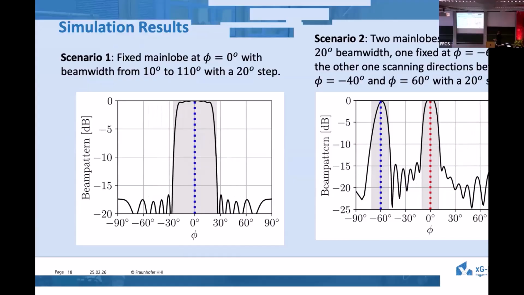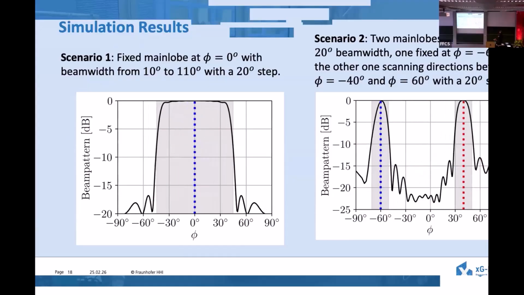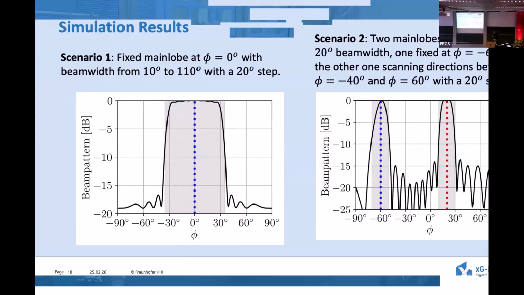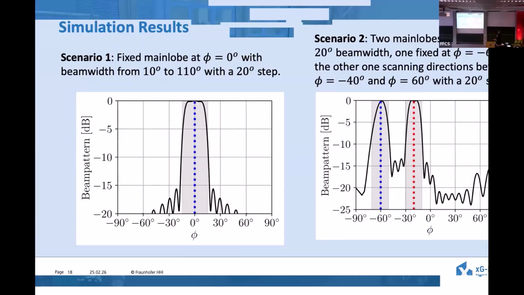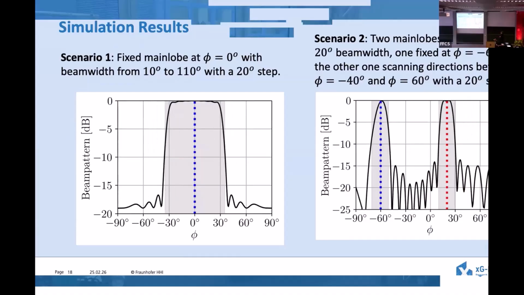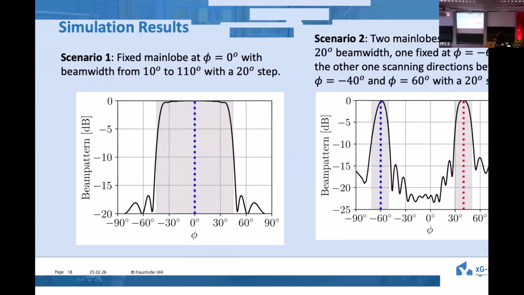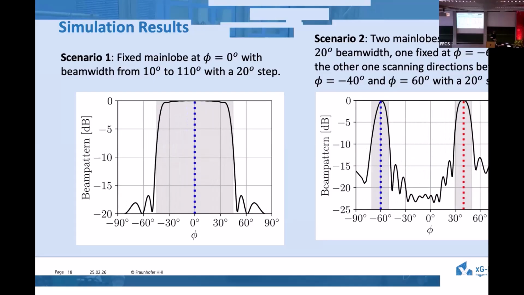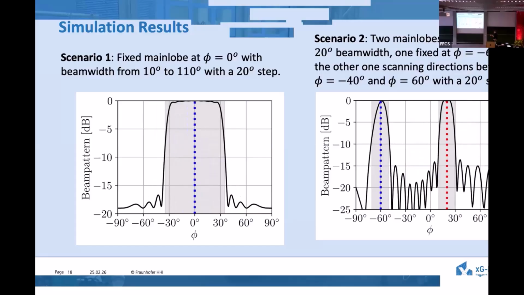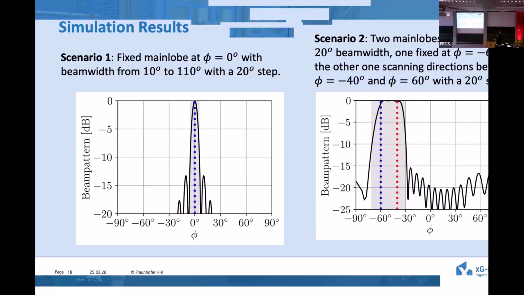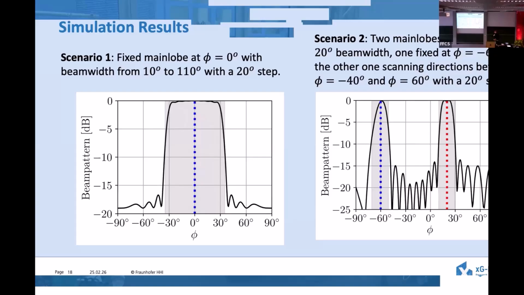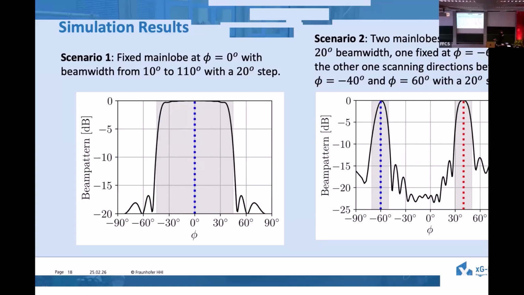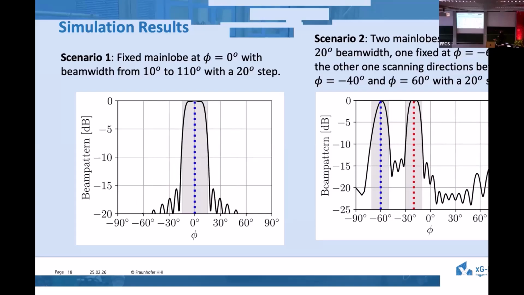So I mean, here this is a simple simulation showing why we need very fast algorithms to compute these beam patterns. For example, if you have high mobility, you may want to control the beam width depending on the mobility, because if you have a narrow beam, it might happen that you cannot point in the direction of the target.